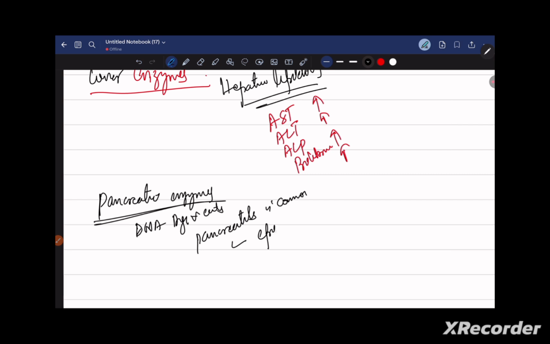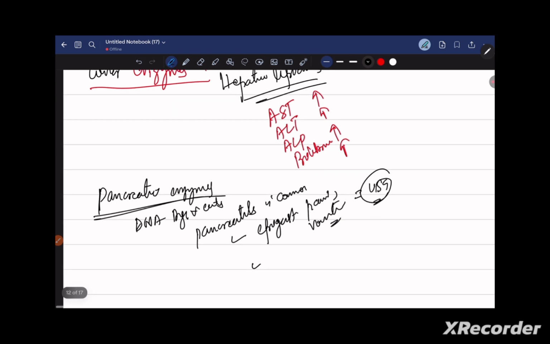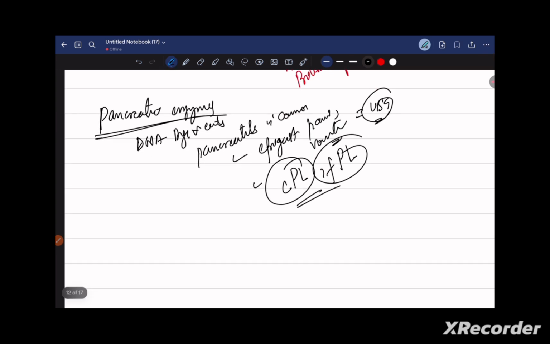There will be epigastric pain and vomiting. With the help of ultrasound you will diagnose a case of pancreatitis, and with the help of two enzymes, canine pancreatic lipase and feline pancreatic lipase. These two will help you in diagnosing pancreatitis. So these are the pancreatic enzymes.